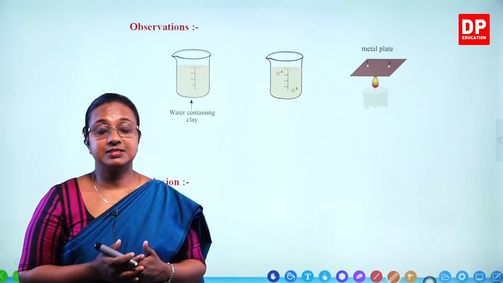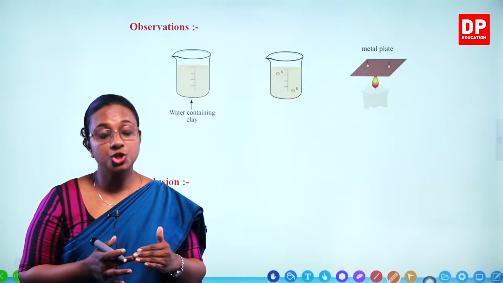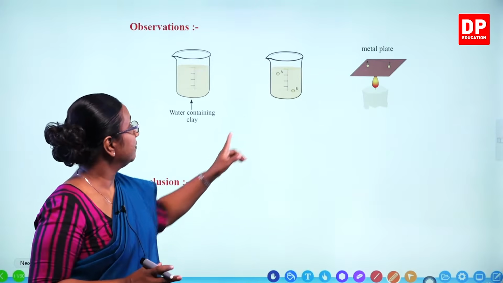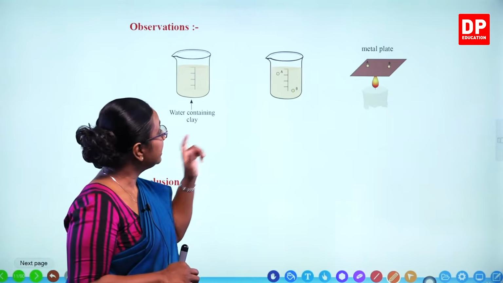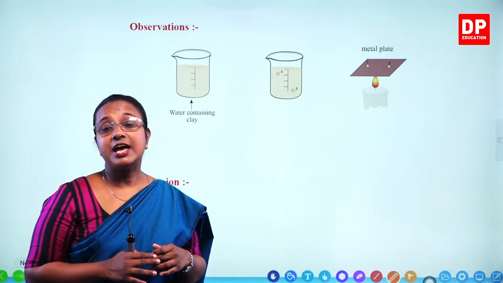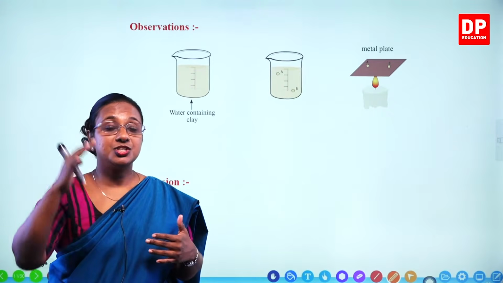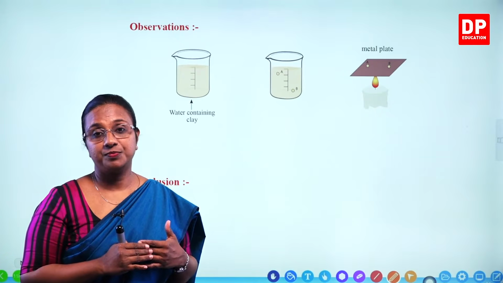Then we filter the solution. We take the part that is on top. We remove the residue. And then we have the second solution. So after letting it stand for an hour, you will see the composition of the solution is not uniform.